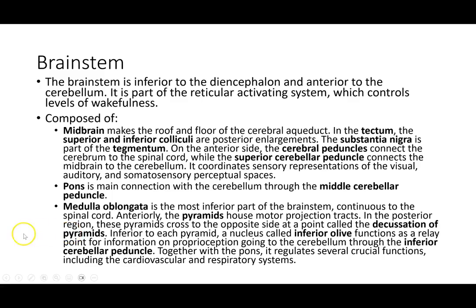Below those pyramids, we have a nucleus called the inferior olive. This functions as a relay point for information on proprioception. I mentioned proprioception in a previous video, but proprioception, again, is your ability to sense where your body is in physical 3D space.